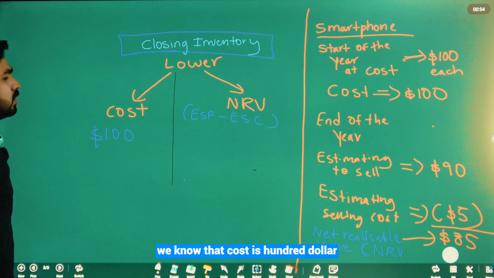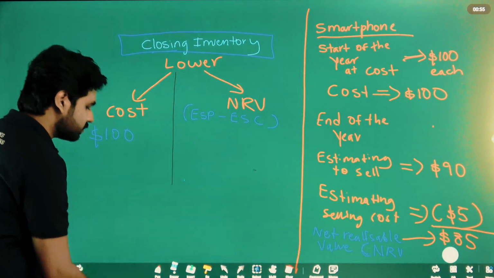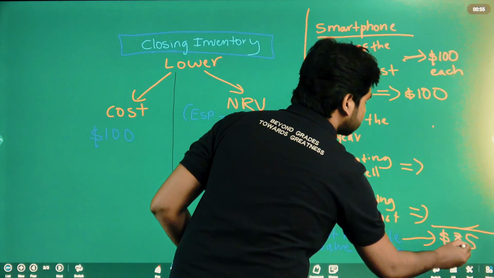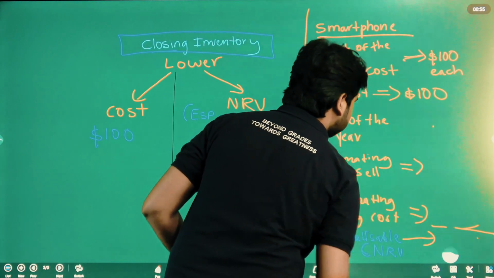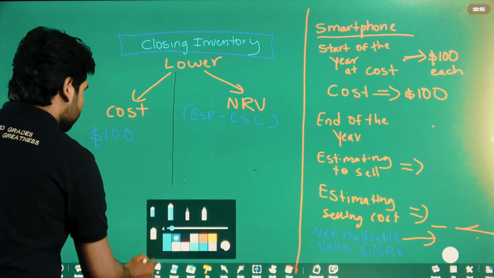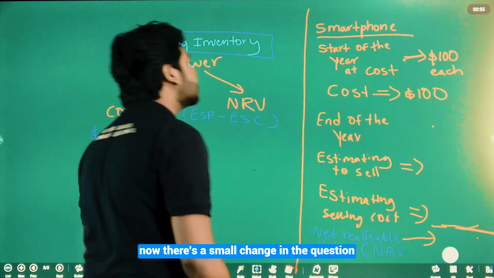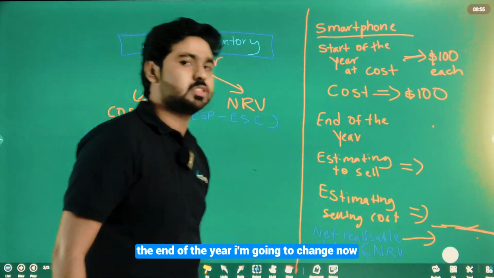Cost is $100. Now let me change the NRV. Now there is a small change in the question. What is the change? Only the end of the year. The NRV I'm going to change now.